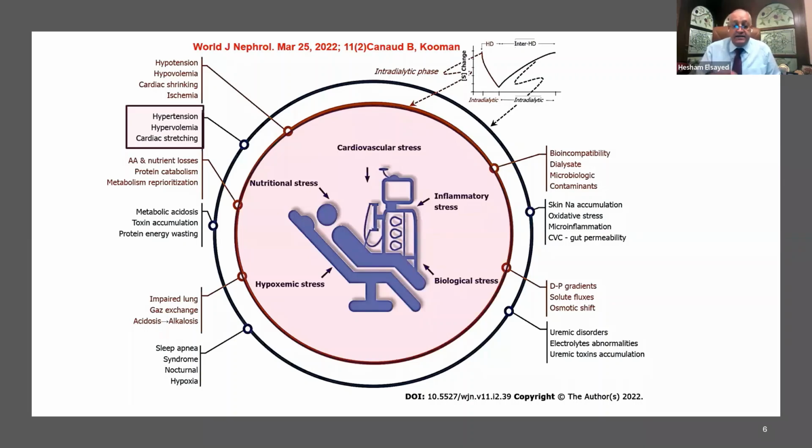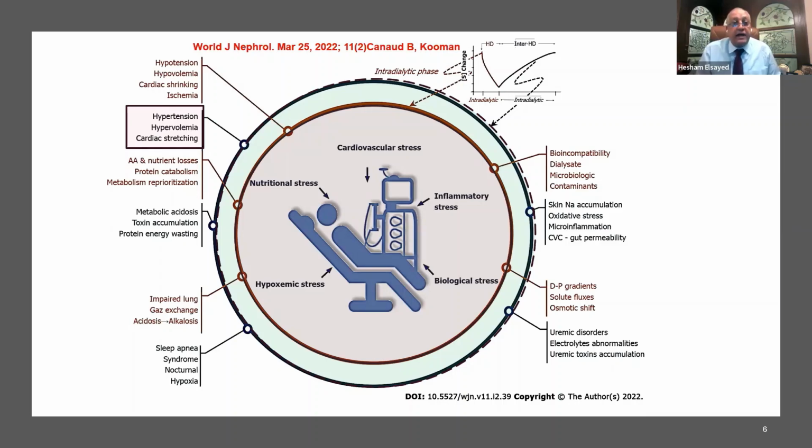Inside the hemodialysis session as well, we have inflammatory stress, biological stress, hypoxemic stress, nutritional stress, and sudden death. So the patient has many morbidities, which differ between the two situations, either during the session or in between the sessions.